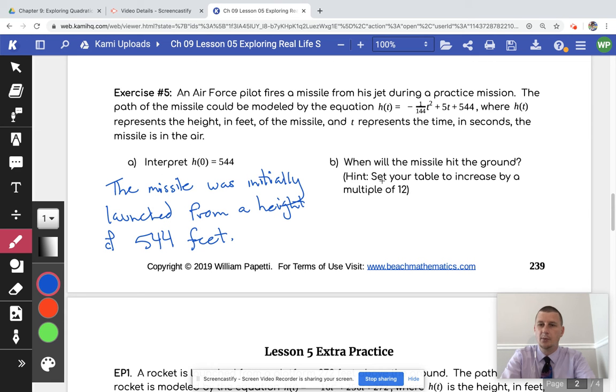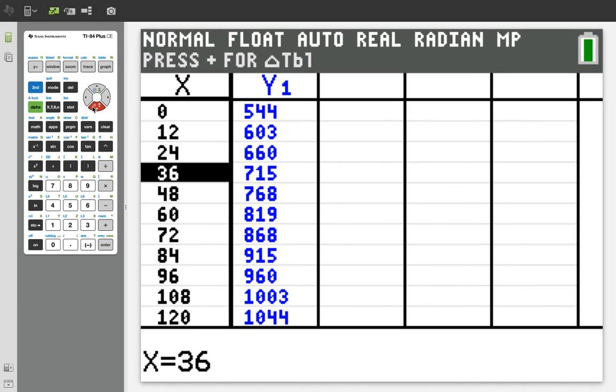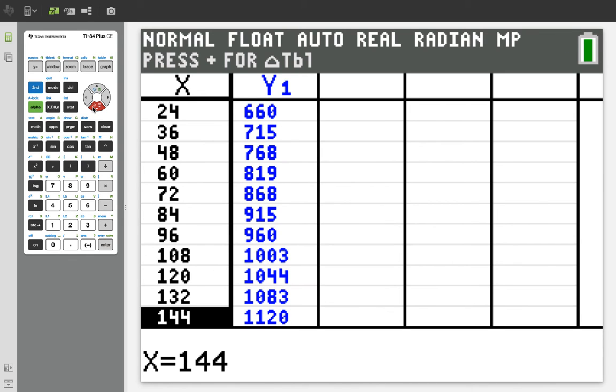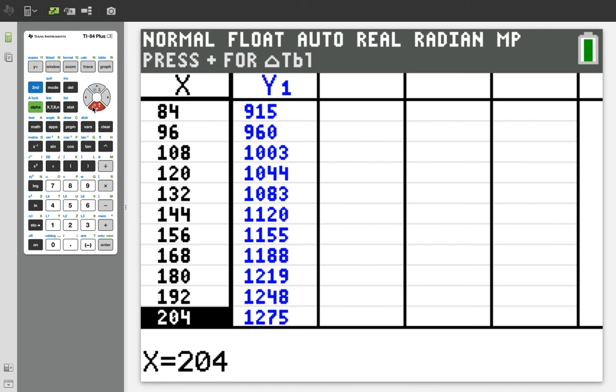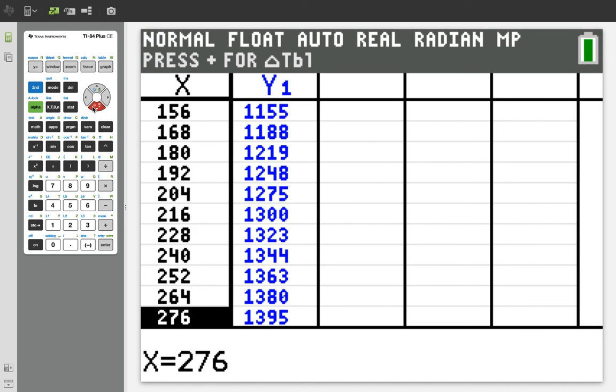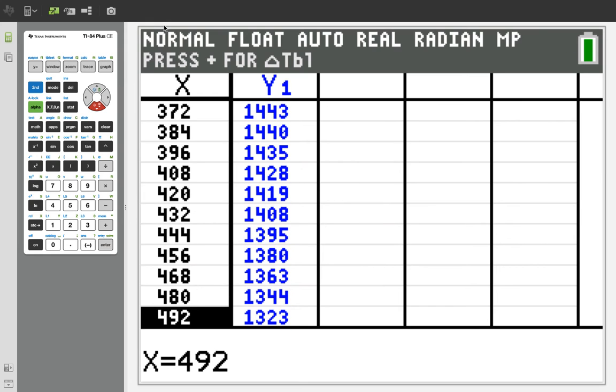So when will the missile hit the ground? Let's scroll on down. We're looking for where the y value is 0. So at this point, it starts off at 544 feet. So now it's going up and up and up. The height is still increasing, still increasing, still increasing until we get to, okay, there we go.